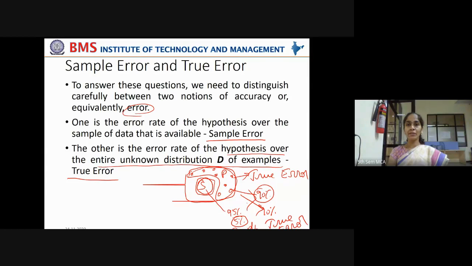Got it, what I'm trying to tell? I have performed an experiment about students only with respect to my class. Now I found that only 5% of the students are not performing well. That is my sample error. Consider, now I have sent them to compete with other students.